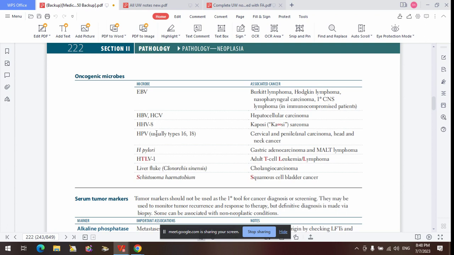Human herpes virus 8 is the Kaposi sarcoma virus. It can cause Kaposi sarcoma. So once you see HHV8, one thing that comes to your mind is Kaposi sarcoma. That virus is sexually transmitted, and the individual will develop Kaposi sarcoma of the skin. Kaposi sarcoma can occur in 3 major regions: the lungs, the GI, and the skin.